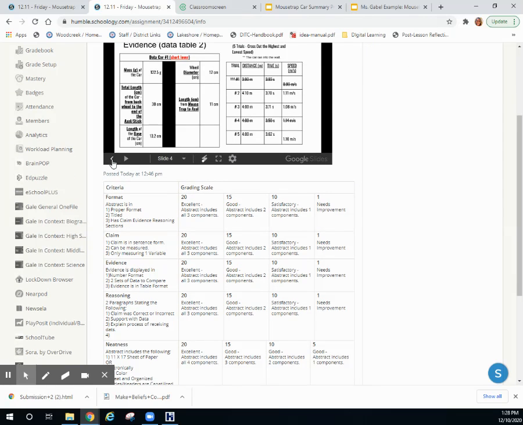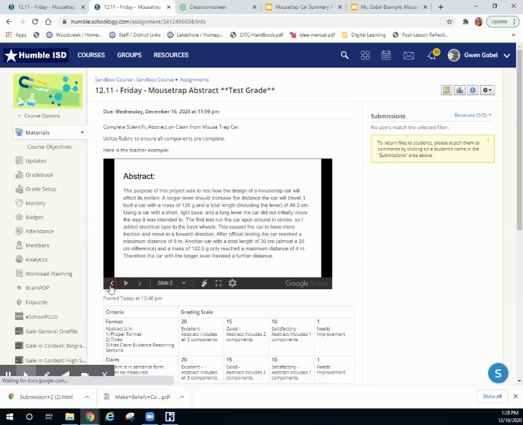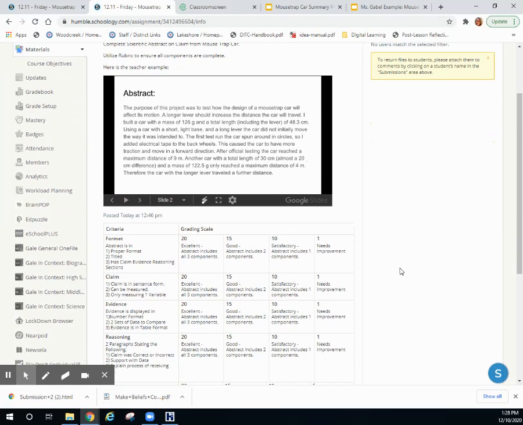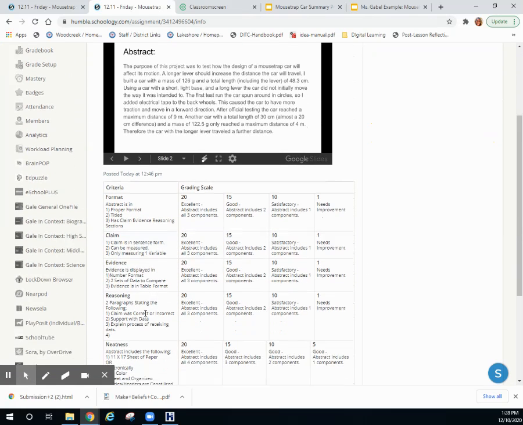And last but not least, your reasoning, which is your abstract, this portion. It needs to be about 2 paragraphs. Within those 2 paragraphs, you are indicating whether your claim was correct or incorrect, you're using data to support that, and you're explaining your design process and how your data supports your claim. So I did all of those things. My claim, a longer lever should increase the distance, is there.